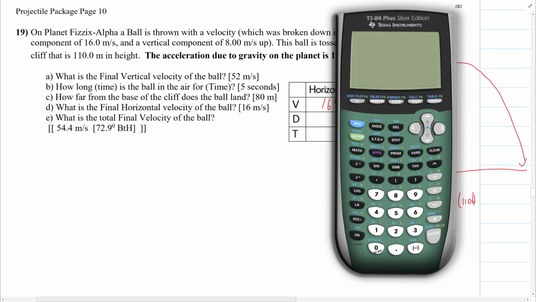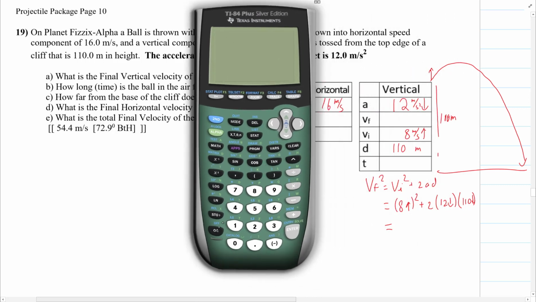And let's see how easy this will be. So the square root of 8 squared, which is 64, plus 2 times 12 times 110 is exactly 52. That's why I'm not doing it with trig right now. So that's Vf. That was still Vf squared.